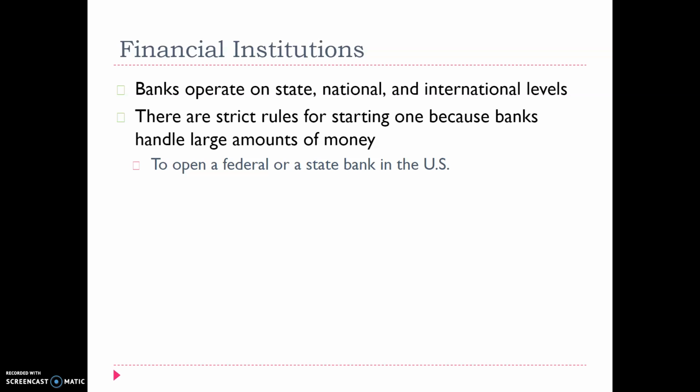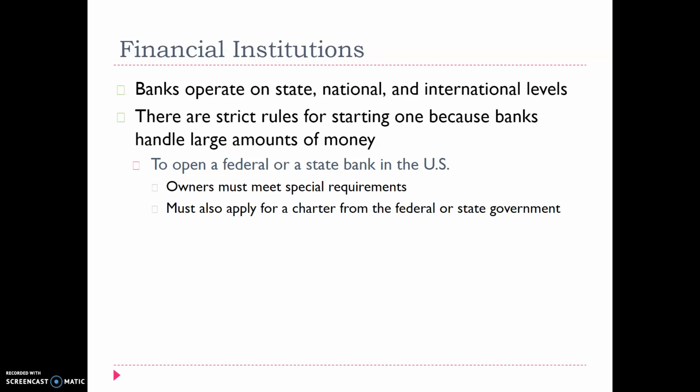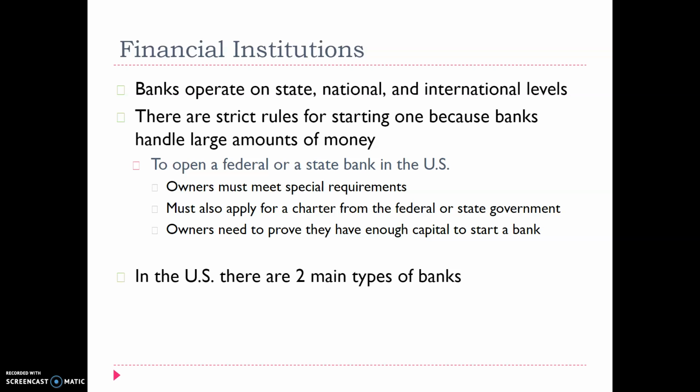So to open a federal or a state bank in the US, you have to meet specific requirements. You have to apply for a charter, similar to the way that we've talked about filing for a corporation. And obviously, you have to have enough capital to start a bank. Capital meaning money.